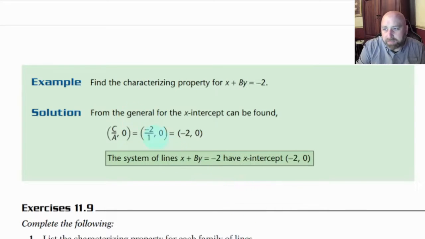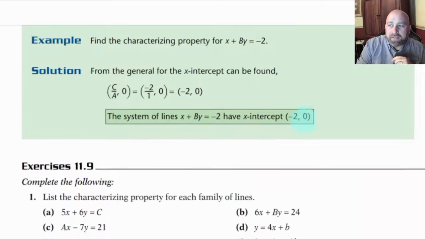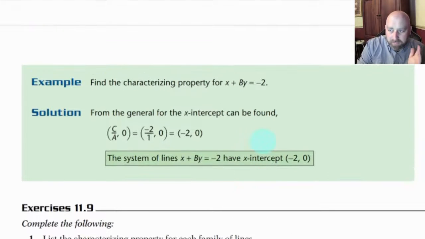Page 227. So how do we find the characteristic that is the same in all of these lines? This is x plus by equals negative 2. The thing that is the same in all of these is that they all have the x-intercept of negative 2. How do we know that? From the general form, the x-intercept can be found because this is a 1.